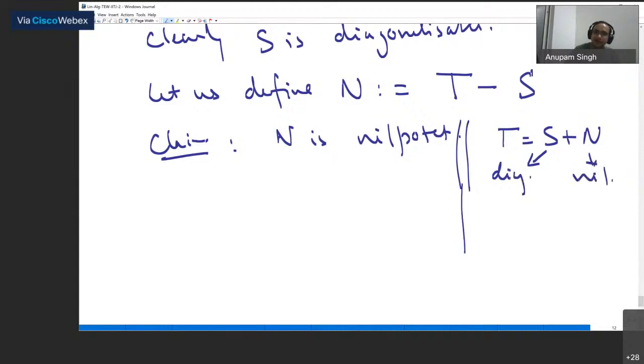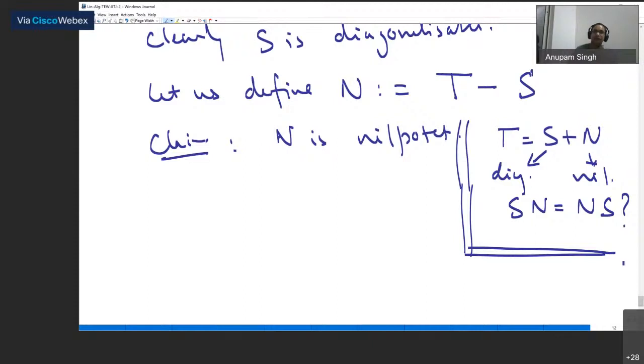And you can also see that S times N is N times S. The question is why. This is a very good way of thinking about it, because I can prove S times N equals N times S on each of the blocks V1, V2, and VR.